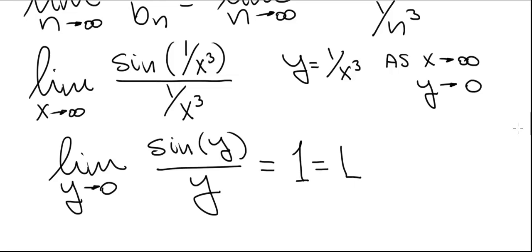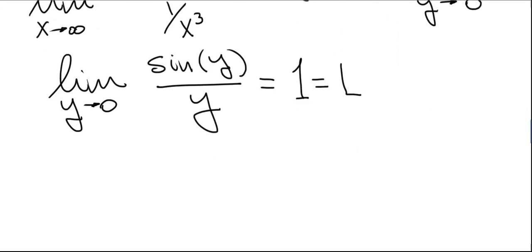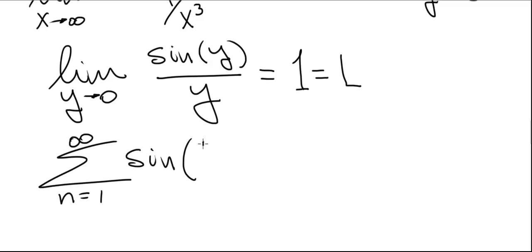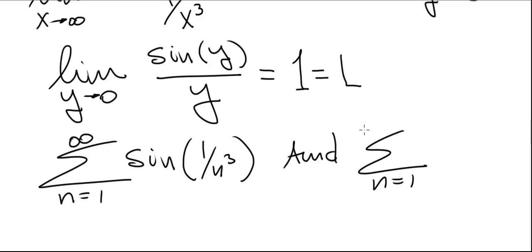So we can now conclude that both series converge together or both series diverge together. So the summation from 1 to infinity of sine of 1 over n cubed and the series b_n, n equals 1 to infinity of 1 over n cubed, either both converge or both diverge. Now this series we recognize.